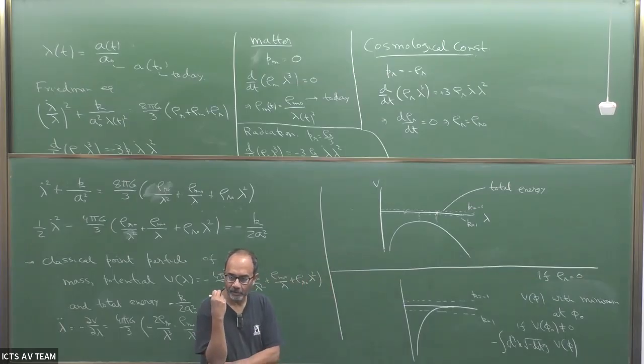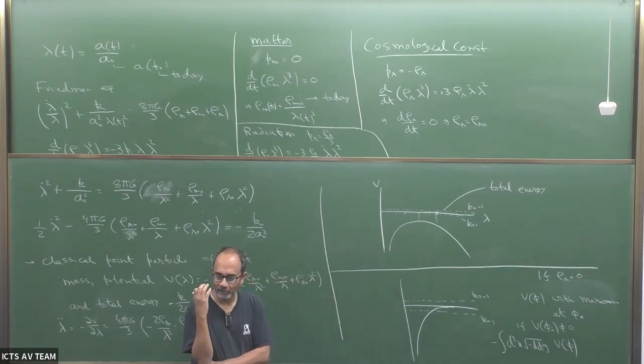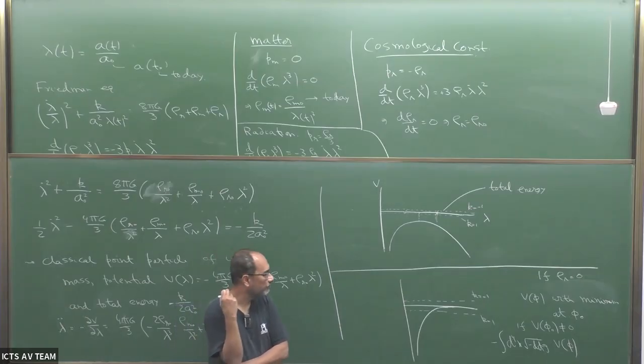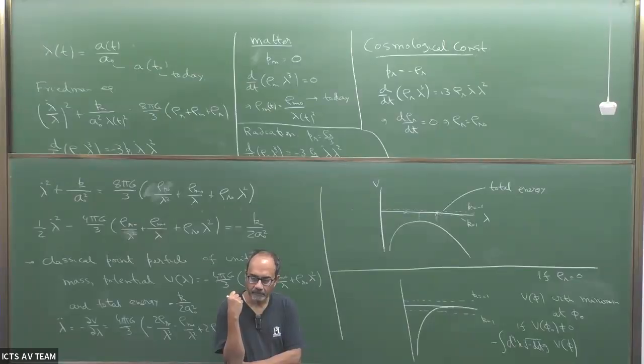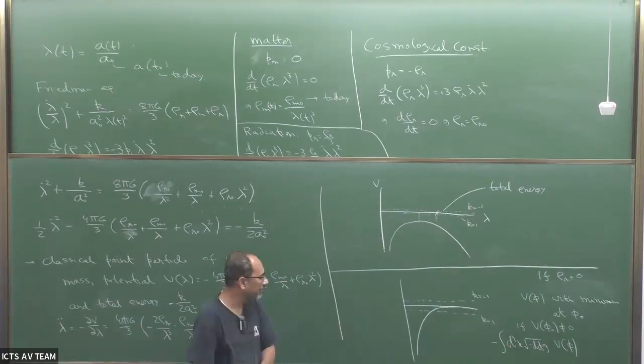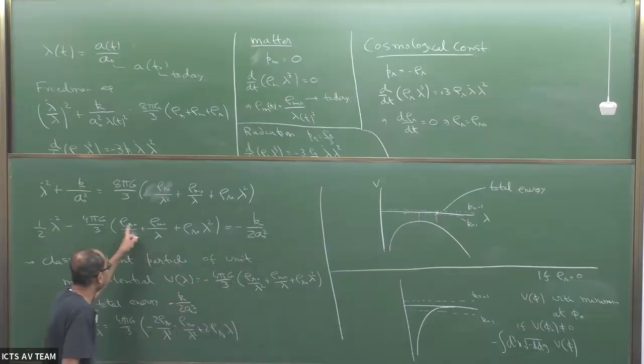Of A naught. Oh, you don't know, it could be infinity also. See, because you have not detected it. That you can figure out, because I'll give you the values of these.